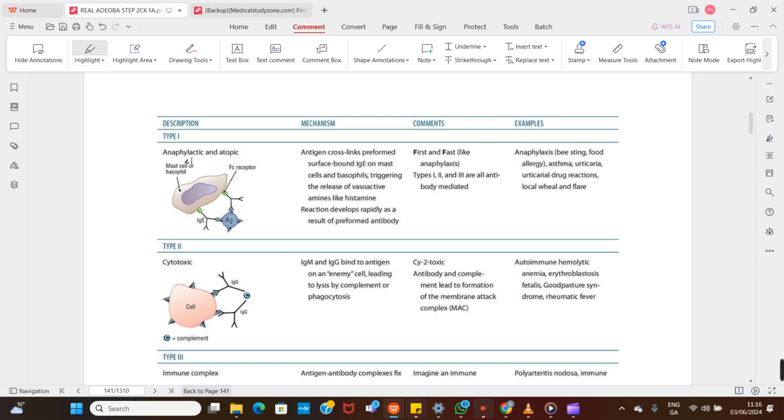It happens because the antigen that brings about the type 1 hypersensitivity induces the production of IgE antibodies, and these IgE antibodies bind to or attach to receptors on the mast cells and the basophils, just like we have in this image. So that is the sensitization phase.